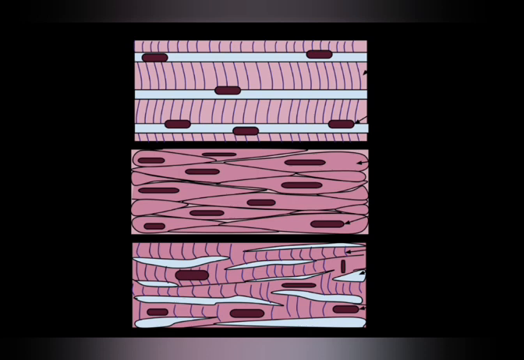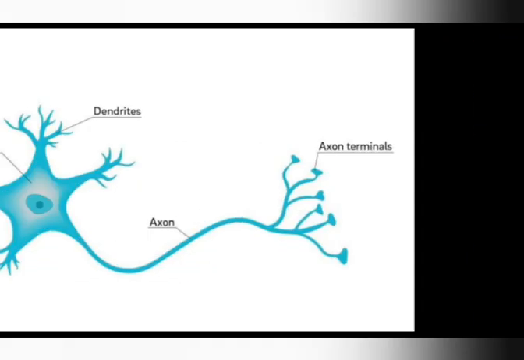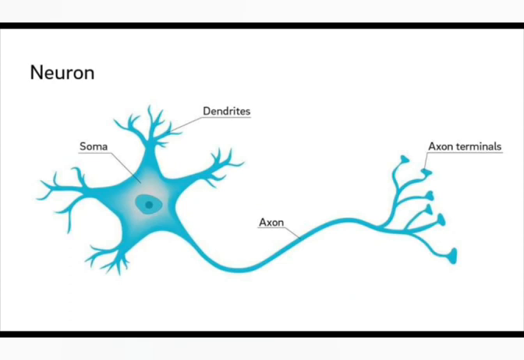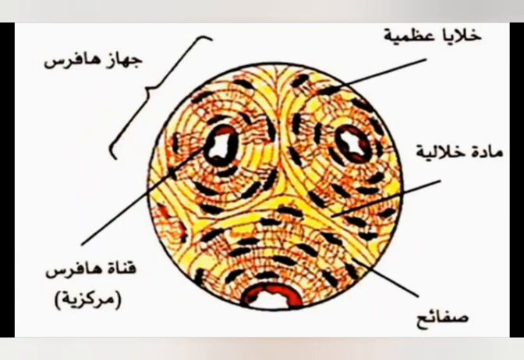Number 3, the cardiac muscle, striated and involuntary. Okay, this is the neuron, the nerve cells, the building and functional unit for the nervous system. Okay, this the skeletal connective tissue in the bone.